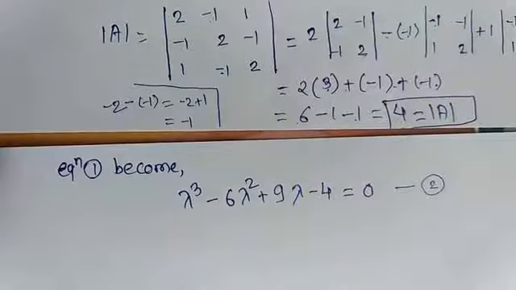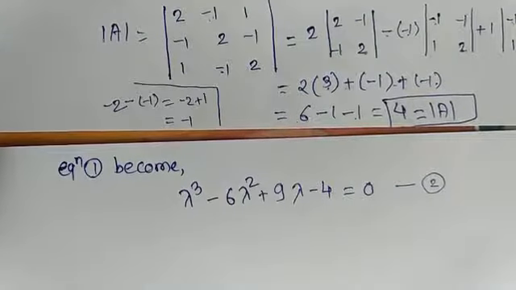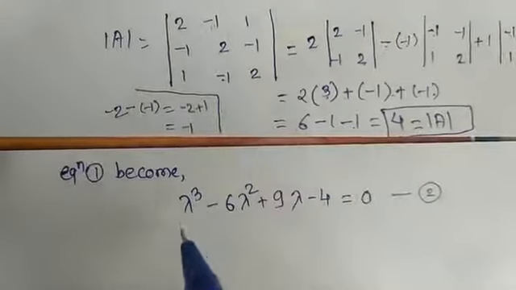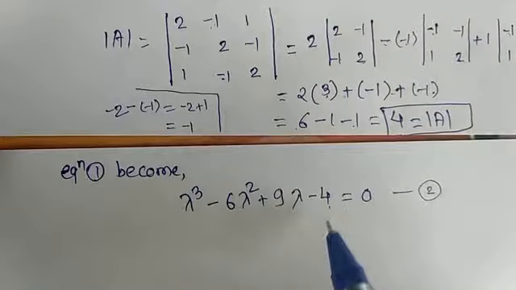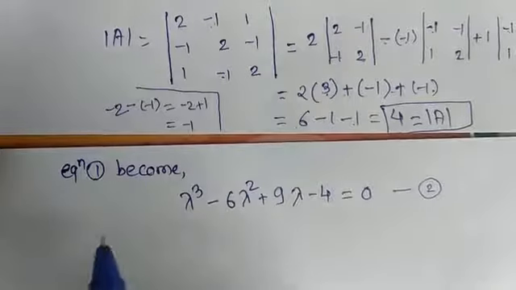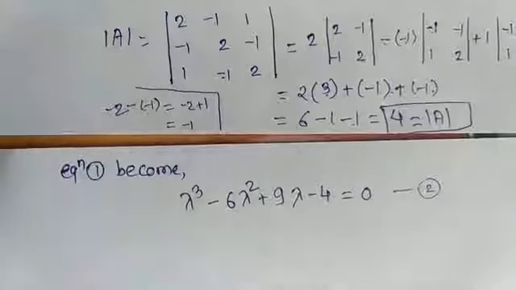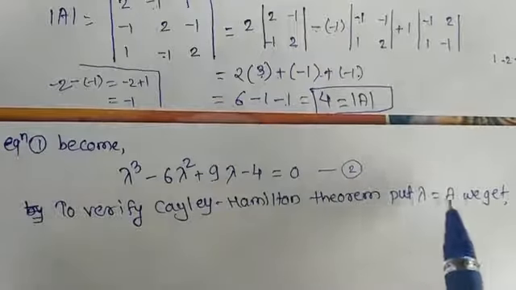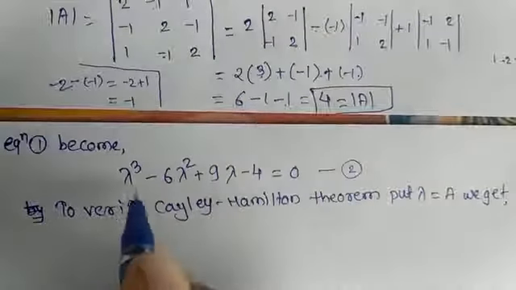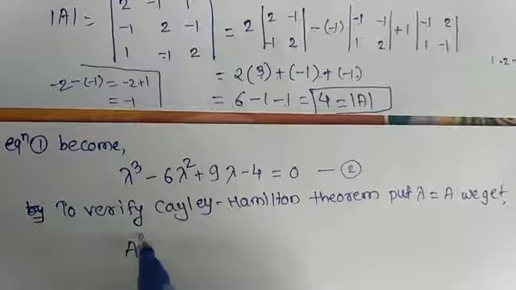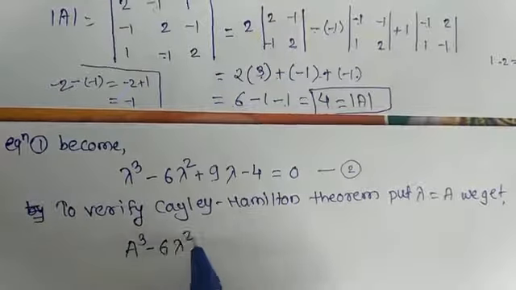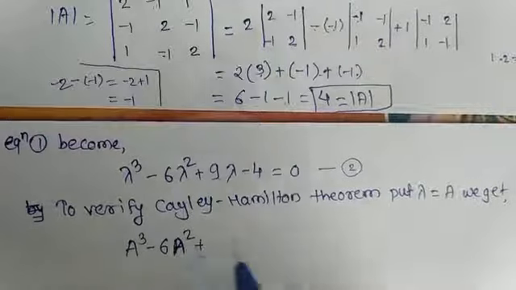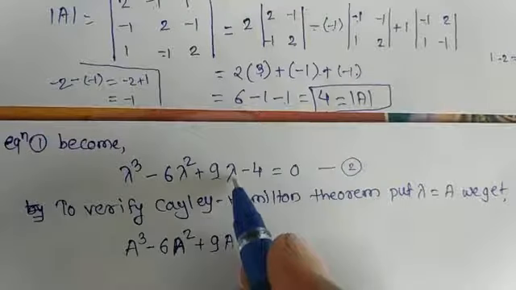Now the statement of the Cayley Hamilton theorem says that every matrix satisfies its characteristic equation. Okay, now we replace lambda by A, and where it is constant it is replaced by the identity matrix. So to verify the Cayley Hamilton theorem we put lambda equal to A. We can write it as A cube minus 6A square, we have to replace lambda by A, plus 9A minus 4.